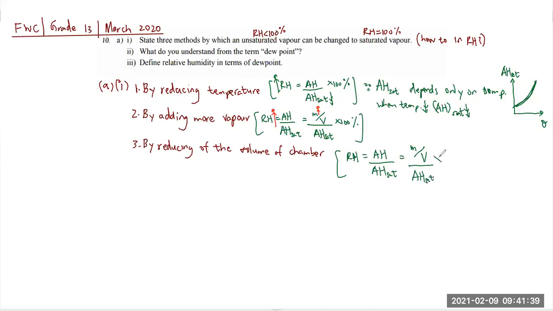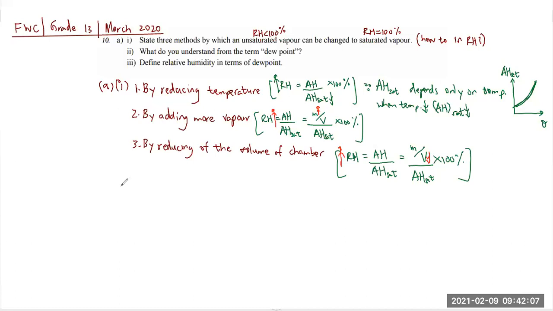So as long as you don't change the temperature, the denominator doesn't change, the absolute humidity of saturated vapor. But when you reduce the volume, RH is going to increase because volume is in the denominator of the above fraction. So these are the three methods you can adapt if you want to convert unsaturated vapor to saturated vapor. Or in other words, if you want to increase the relative humidity from a number less than 100 to 100. And the second part.